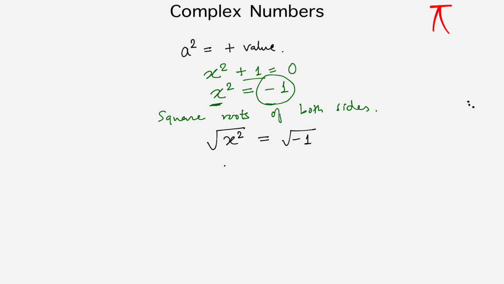We cancel the square with the root, and then we get x is equal to under root of minus 1. So the under root of any negative number is called an imaginary number. This particular number, under root minus 1, is called the imaginary unit.